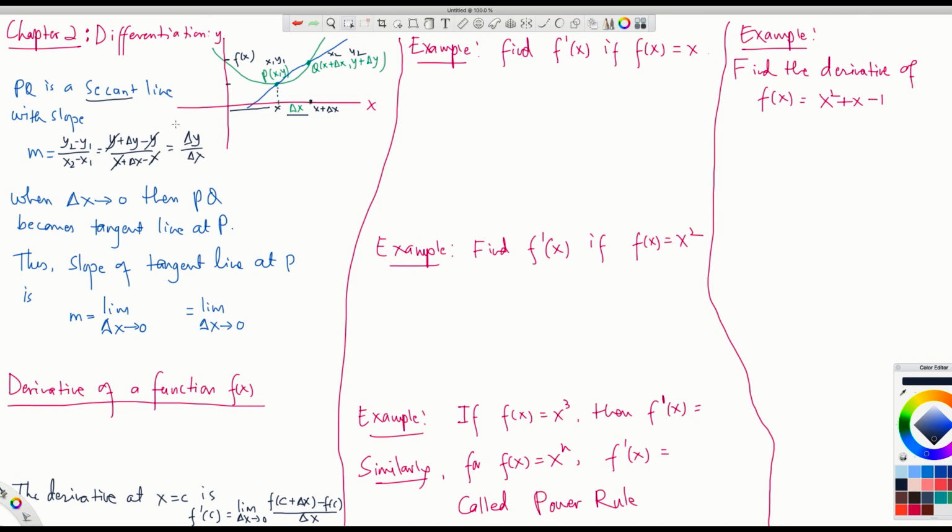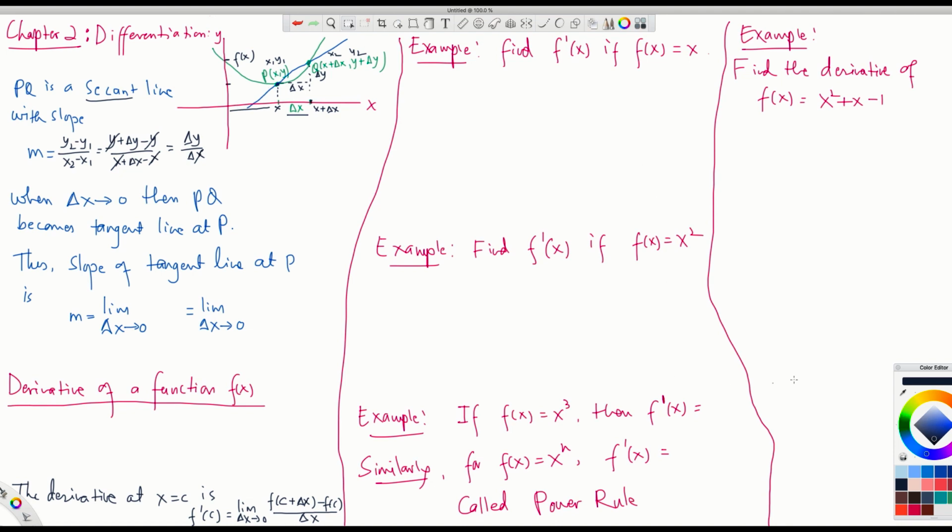You can think of it a different way too, because this is delta x, and this length is delta y. So this is the ratio of rise over run, because when you go from the point P to the point Q, the rise is delta y and the run is delta x. So the slope of the secant line is delta y over delta x.